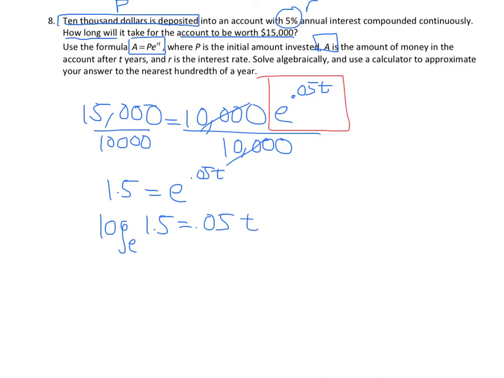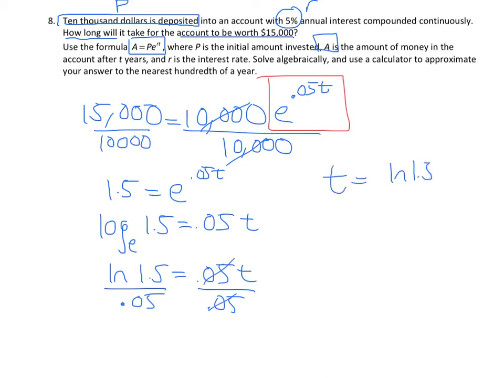Now remember, this is natural log of 1.5 equals 0.05t. And then to solve for t, all I have to do is divide both sides by 0.05. And we have t by itself. t is equal to the natural log of 1.5 divided by 0.05.